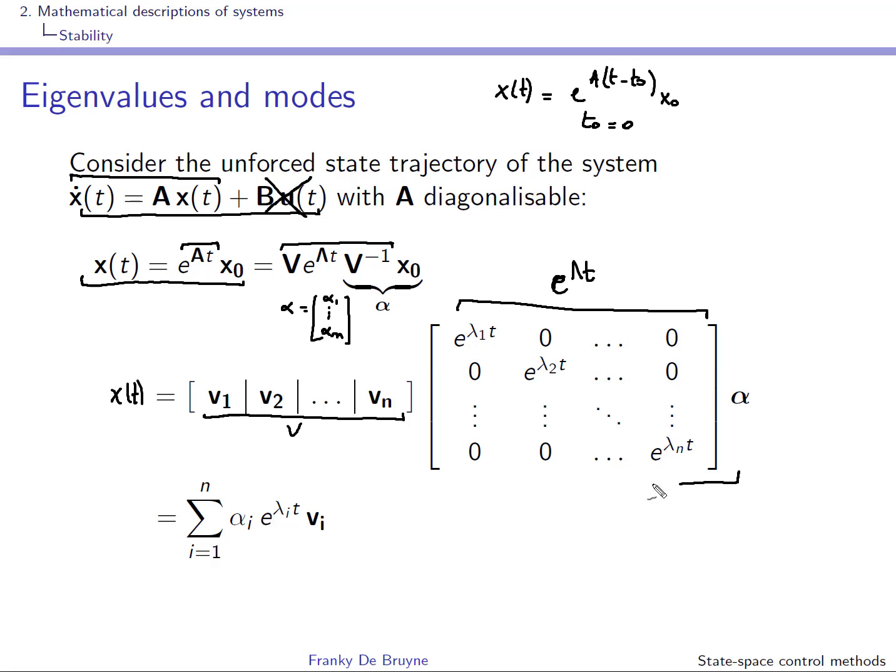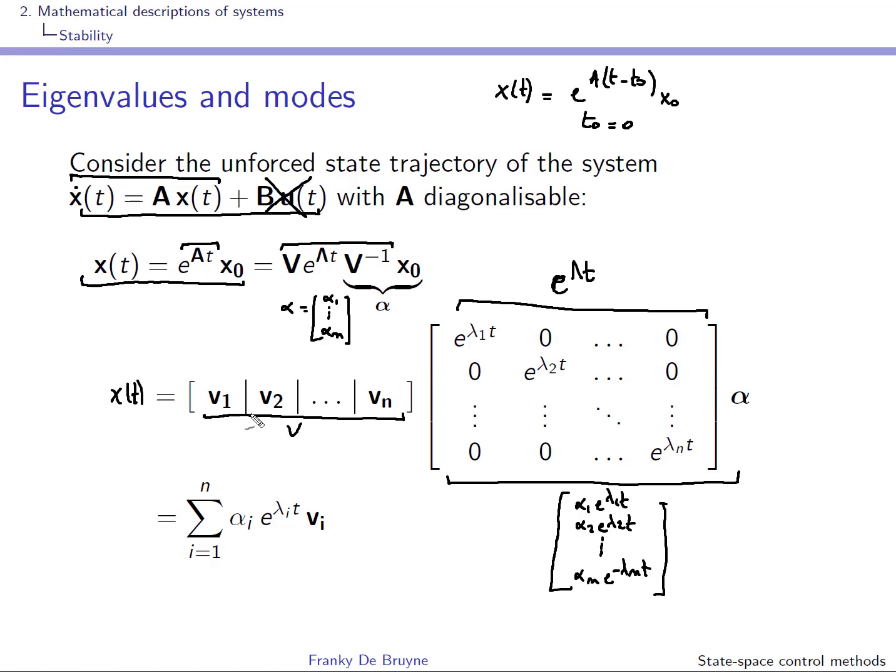So if we compute this one, a matrix times a vector, this will be a vector, so we'll end up with alpha 1 e to the lambda 1 t, alpha 2 e to the lambda 2 t, etc., up to alpha n e to the lambda n t.